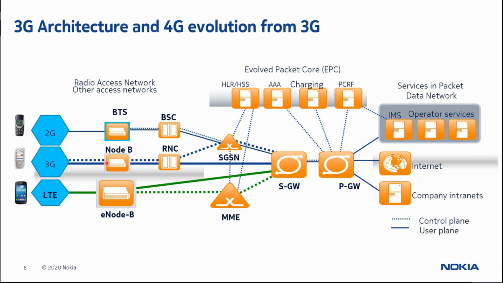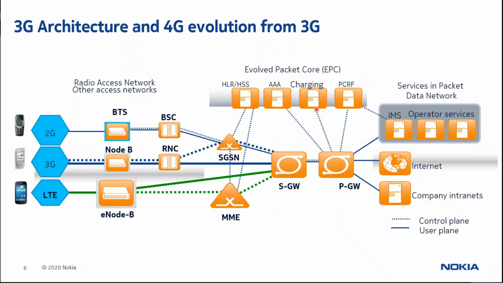When you look at the right edge of the screen, you can see that the dotted line represents the control plane, which is basically meant for establishing signaling connections between these network elements, or let's say the boxes that I have represented here in the end-to-end system scenario. So all these dotted lines that you see here are basically meant for communication between these network elements or the entities of a network.